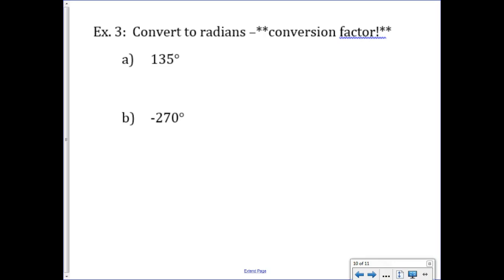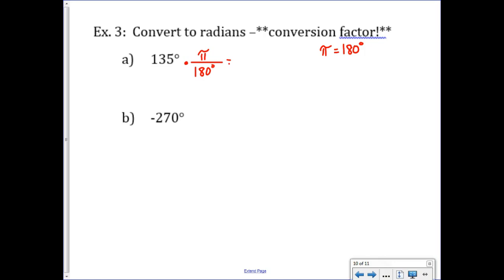One thing we know is that 1 pi is equal to 180 degrees. So when we convert, we can use pi over 180 or 180 over pi because those are equivalent to each other. If you think back to Algebra 1 when you did conversions, we want to put the thing in the opposite spot that we're trying to get rid of. So if we want to get rid of degrees, we're going to put 180 degrees on the bottom and we'll put pi on the top.